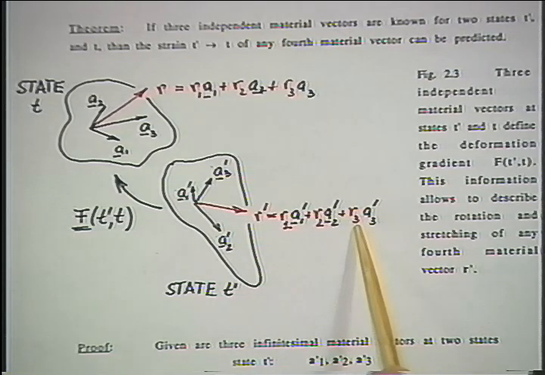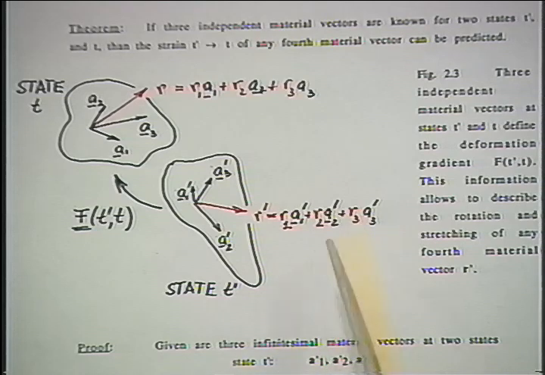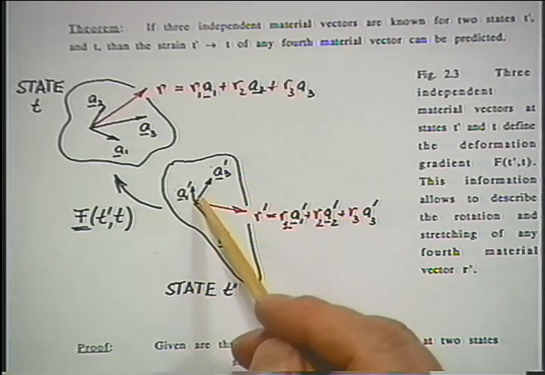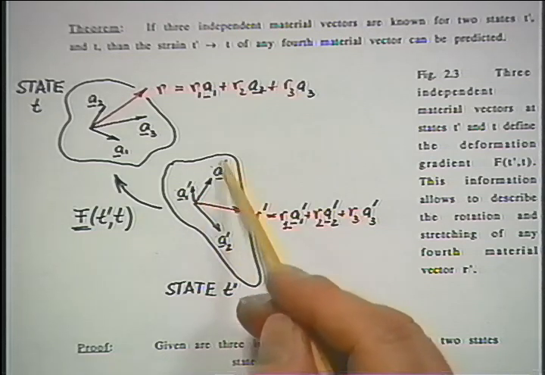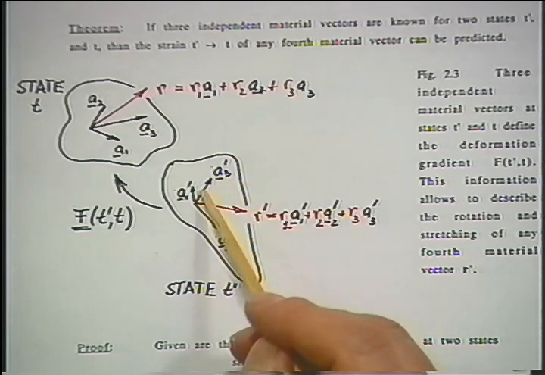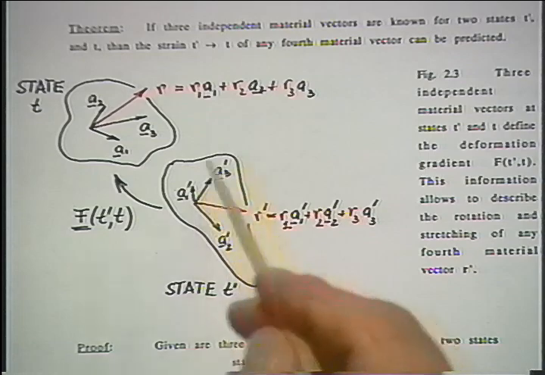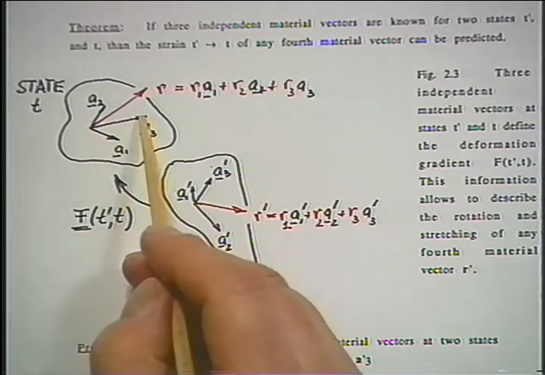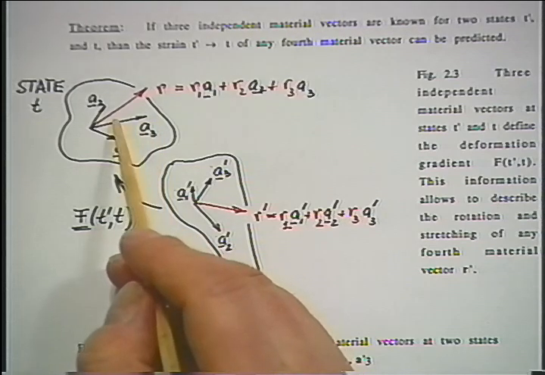And now those vectors are material vectors. Say we take a fraction, let's say we take half of A3 prime to describe R. Okay? And then when we deform the material into the new state, how much would we have along A3? Again, it would be half. Right?